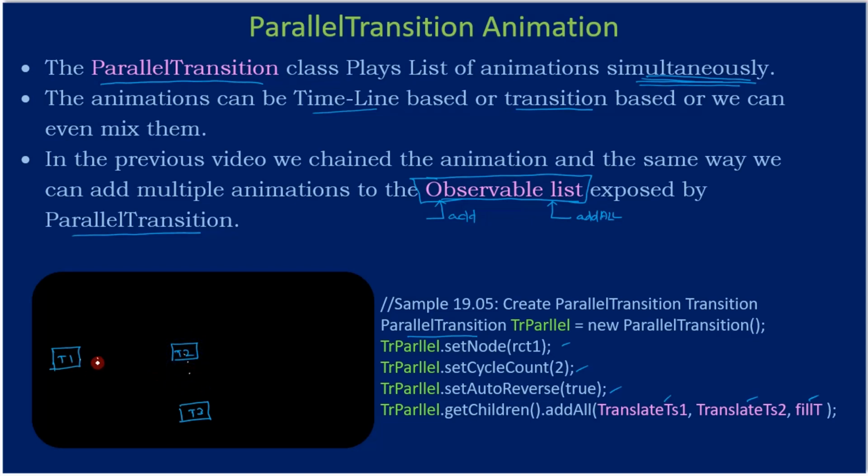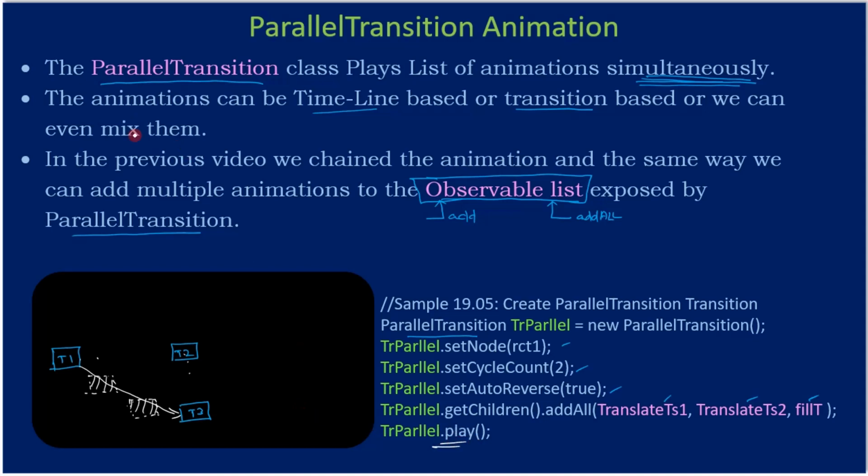In combination, if you combine these two, the object will be at this location, right? T1. So this is how the transition takes place, since we are combining the three and the final location. So when this transition takes place, since we have fill, the fill color also will change when this movement is taking place. Alright, now let's go to the demo and see how it works.